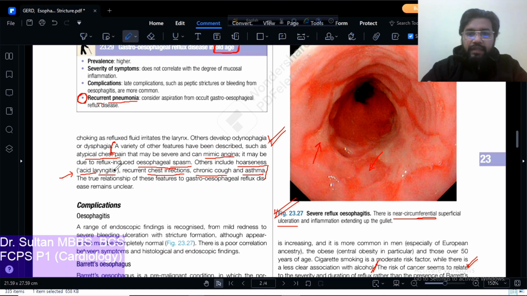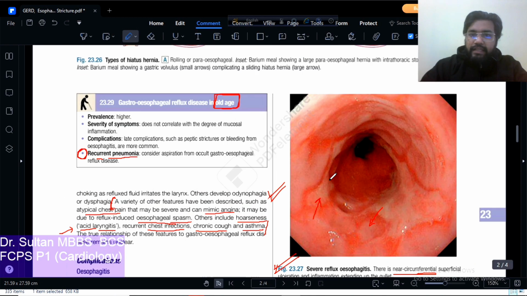As you know, there is reflux, so the gastric contents are irritable for the respiratory tract, and it can cause chronic cough. And there is also an association with asthma. So these are the important conditions you have to remember when you are dealing with gastroesophageal reflux disease.